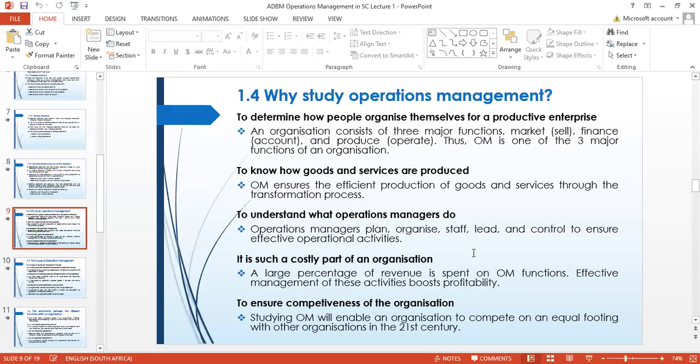It is such a costly part of an organization. We are saying operations management department is a costly function of an organization. If something is costly, it has to be studied so that ways can be found to reduce the cost of operation. If it is not studied, it is going to deplete the profits of a business.